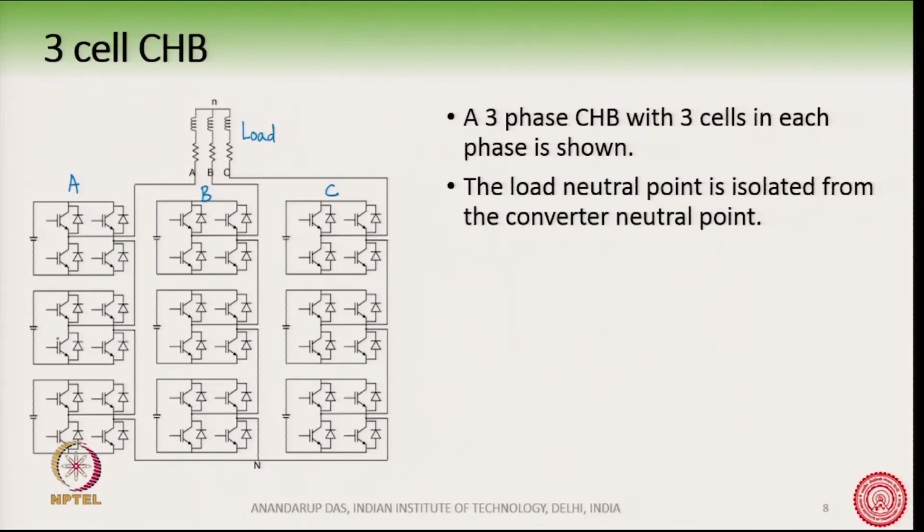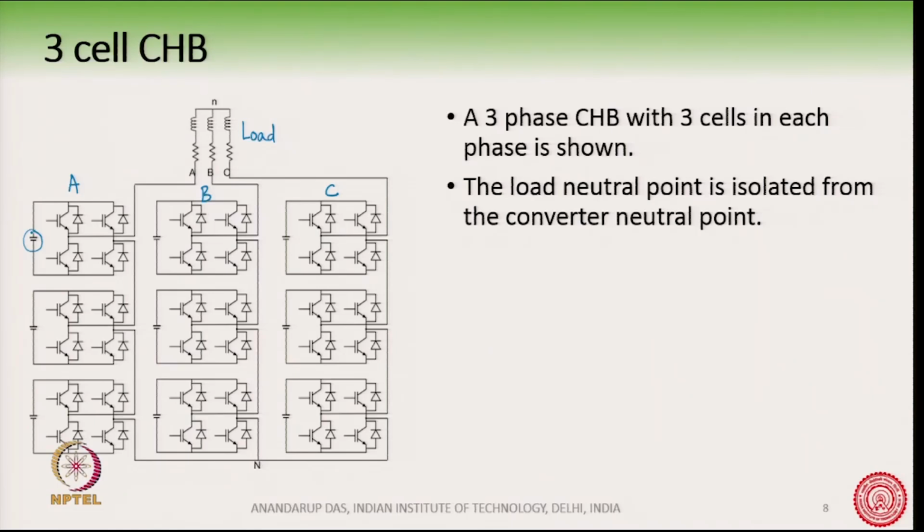So, there are 3 such cells in each phase, and altogether in 3 phases we have 9 cells. Note that all these cells have isolated DC sources.